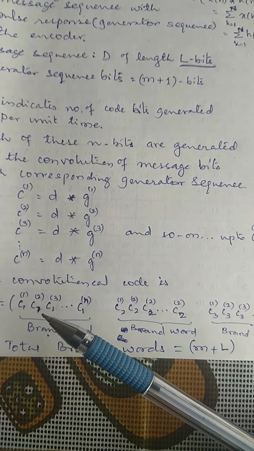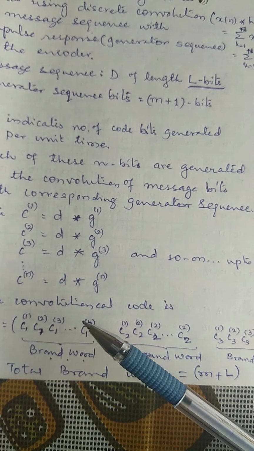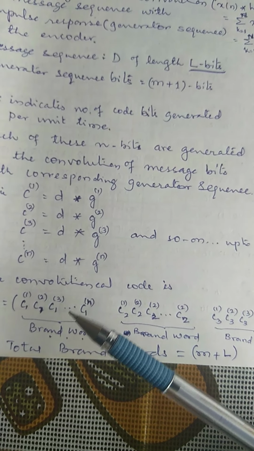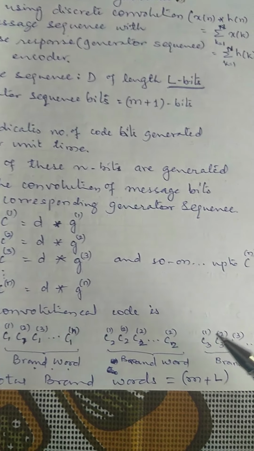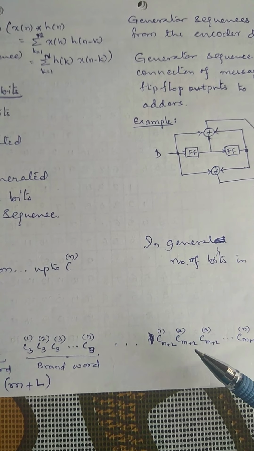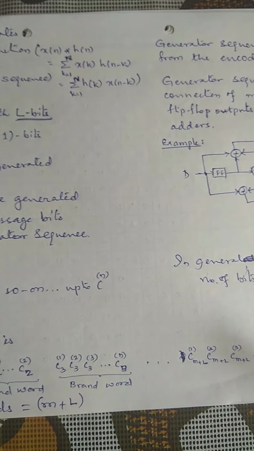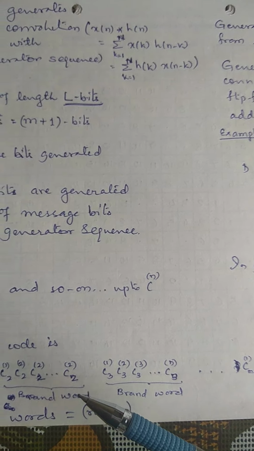The first bits of the individual code bits are sent on the channel when the commutator is operated for the first unit time, then the second unit time, third unit time. Likewise, depending on the length, it is that many branch words.